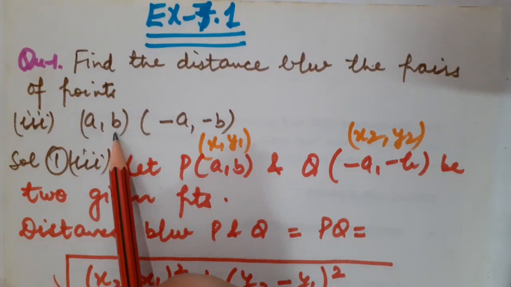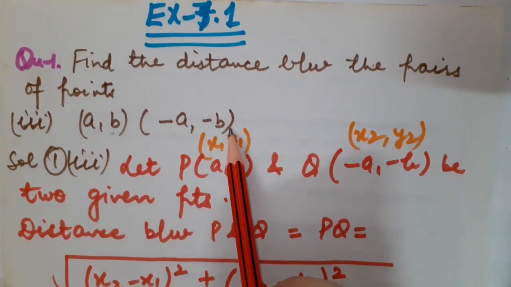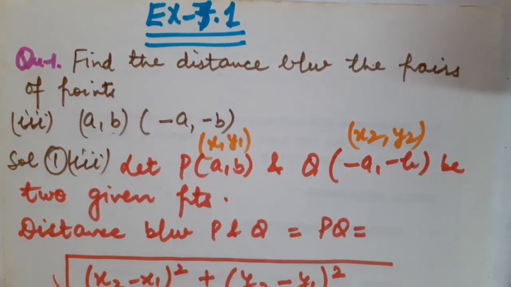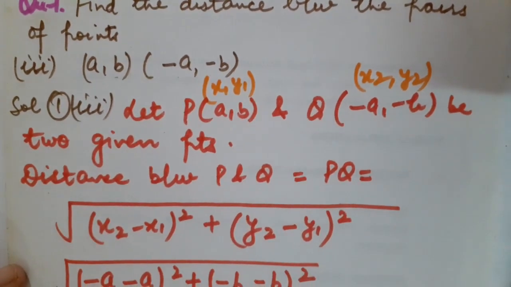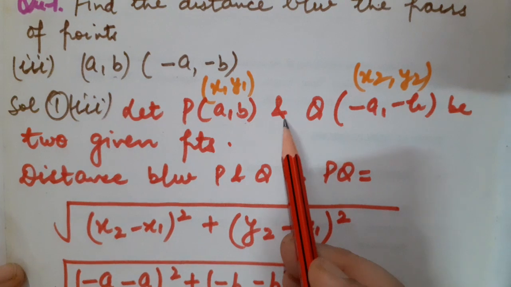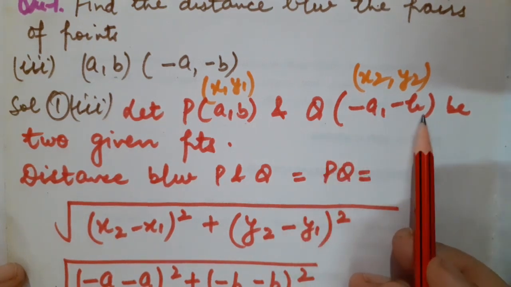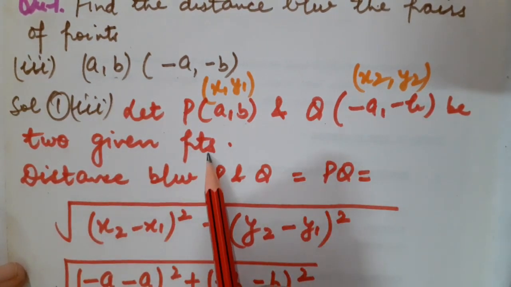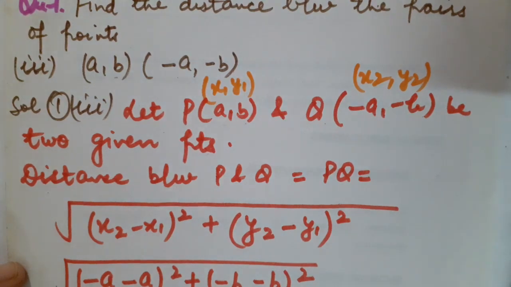This is a, b and minus a, minus b. Fine. So first of all, we can give the name to these coordinates. Let P(a, b) and Q(minus a, minus b) be two given points. Children, as you know that we have learnt the formula in the form of x1, y1, x2, y2.